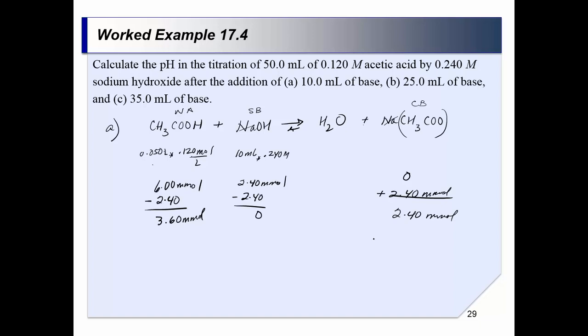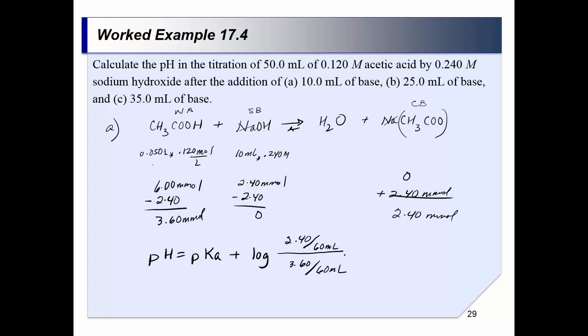Now, what we're asked to do, however, is to calculate the pH. So I'm going to look at this with the Henderson-Hasselbalch equation. pH equals pKa plus the log of the concentration of the conjugate base, which now we have 2.40 millimoles. And just to be thorough and consistent, I'm actually going to put that over the total volume, 60 milliliters, divided by 3.60 over 60 milliliters.